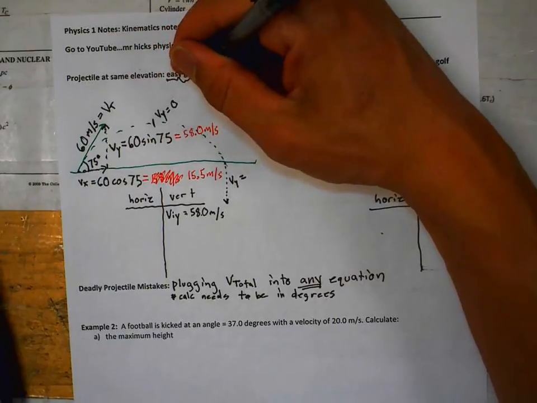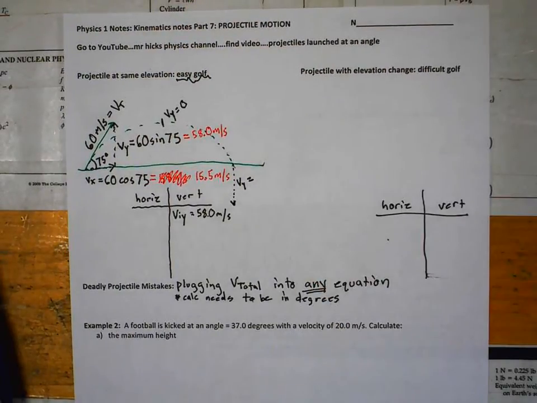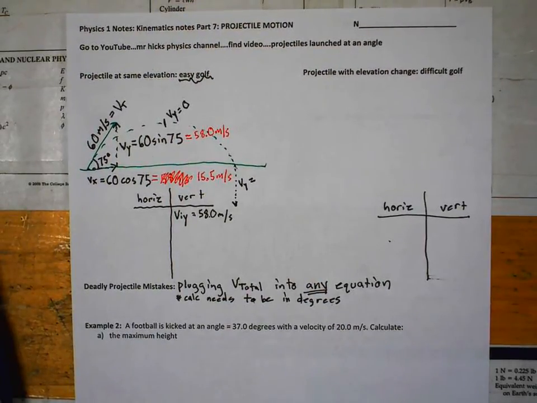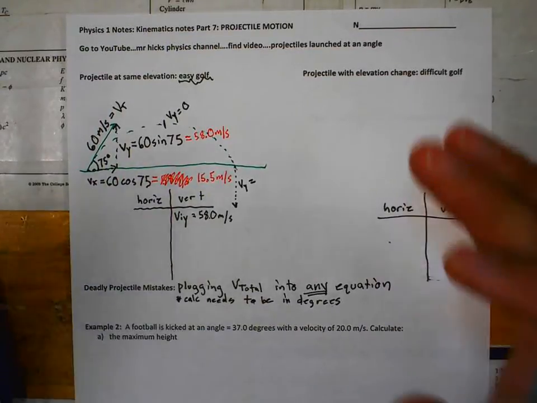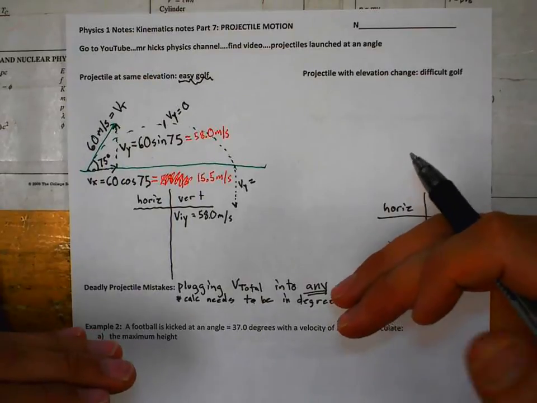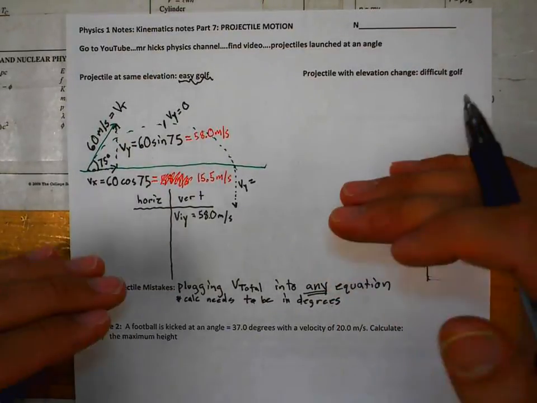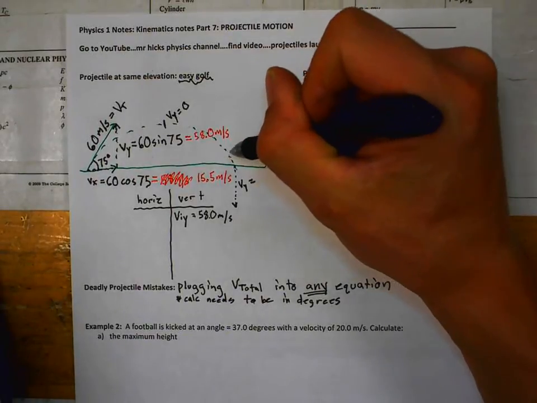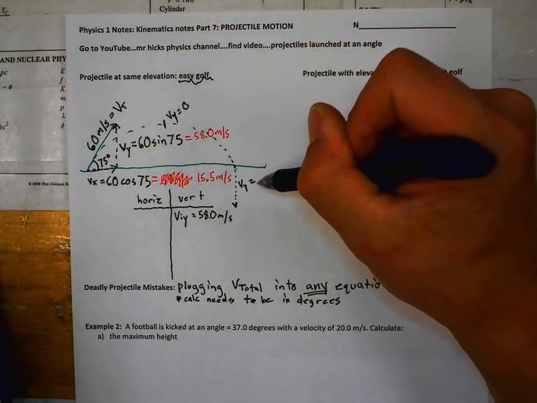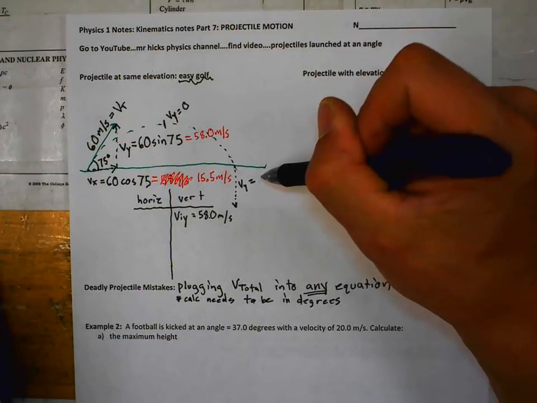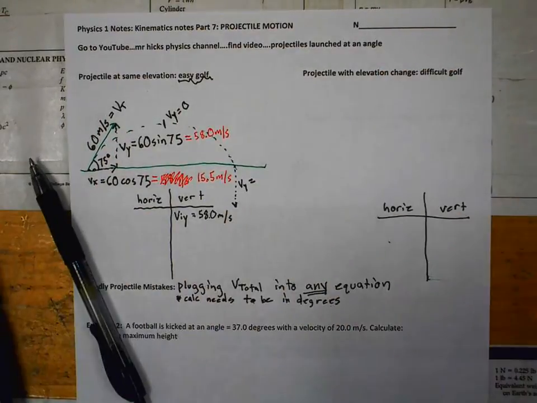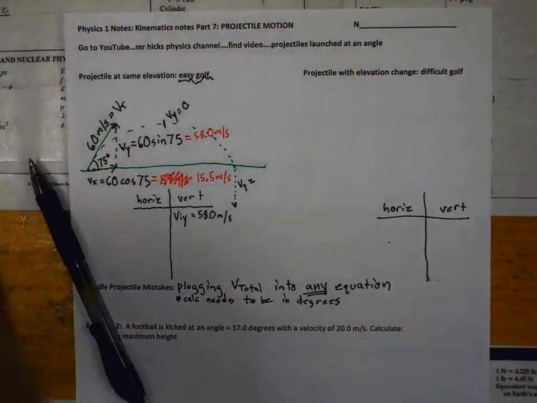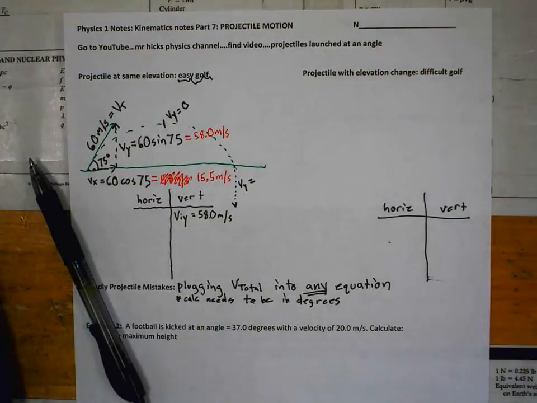Anybody have any idea what that would be? Okay, now remember, we want to say 0, right? Because the ball's hit, it's landed, it's stopped, right? But we always in projectile problems are talking right before it hits. So let's say I take this football and I throw it up at 10 meters per second. What's it hit my hand with? Close.